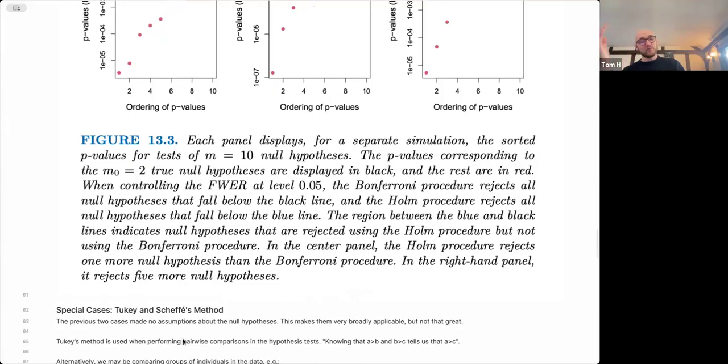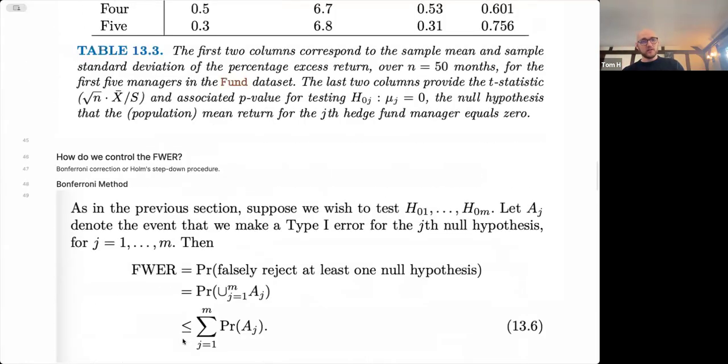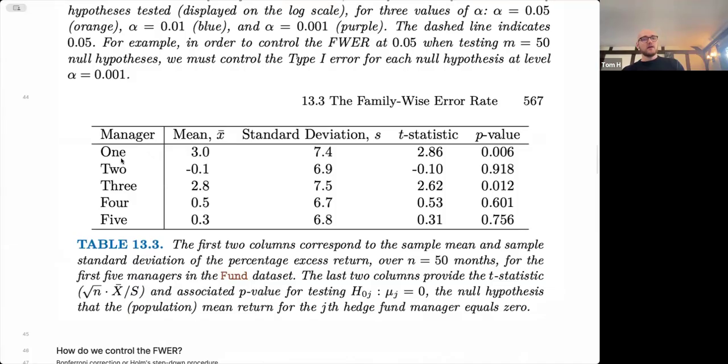So are any of the means different? As the example in this data set was, are any of these managers performing differently? You're doing a pairwise comparison between each of the managers.